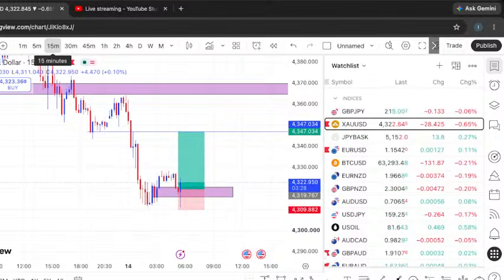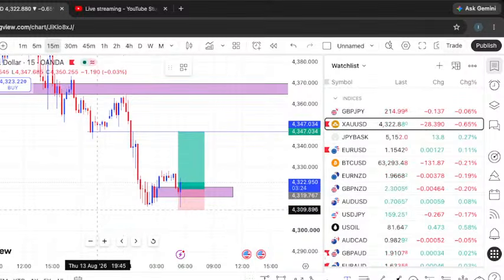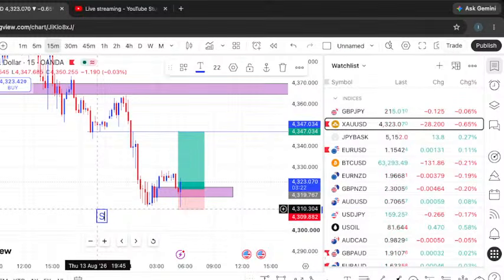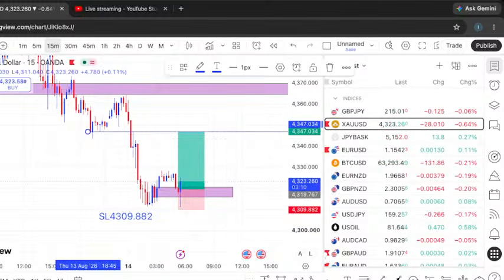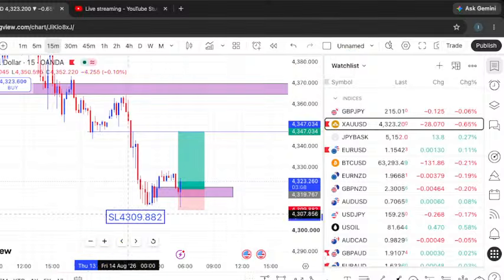So prepare for a buy on gold. SL at around below the candlestick that has already confirmed. So SL at 4309.882. TP at the next high, which will be at 43. This is not a scalp trade. This is a trade that you're supposed to hold.